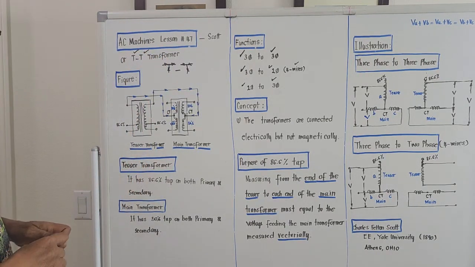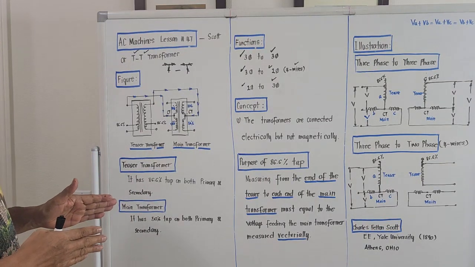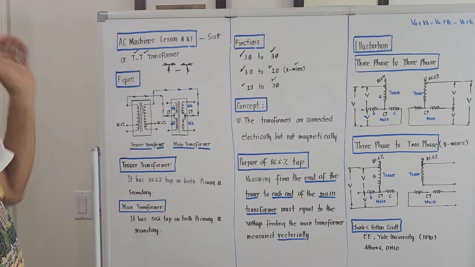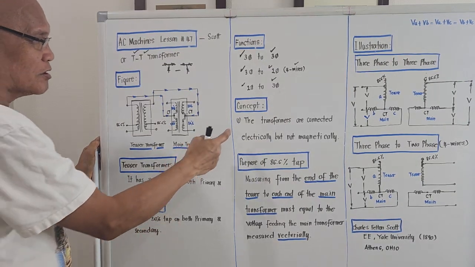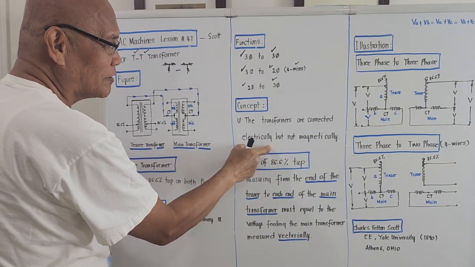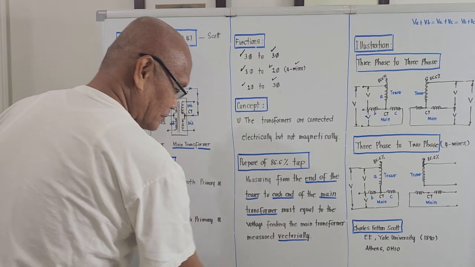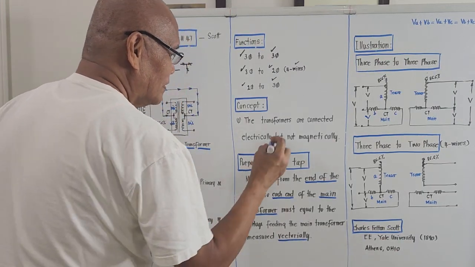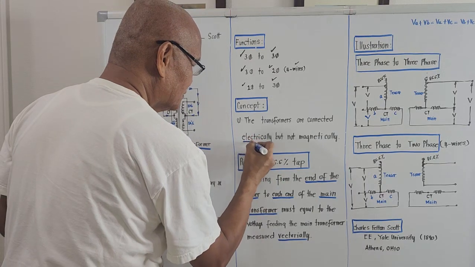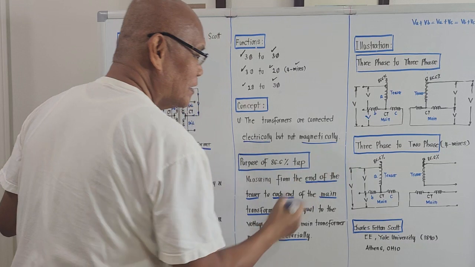Let's first define what a TT transformer is. The concept is something like this. The transformers are connected electrically, but they are not connected magnetically.